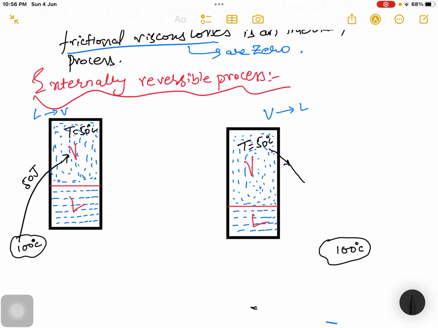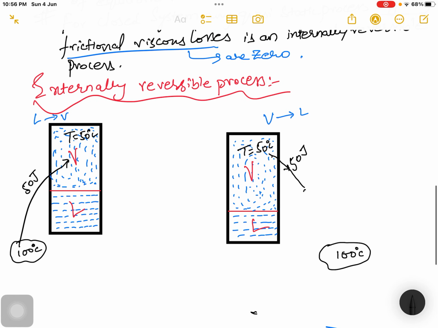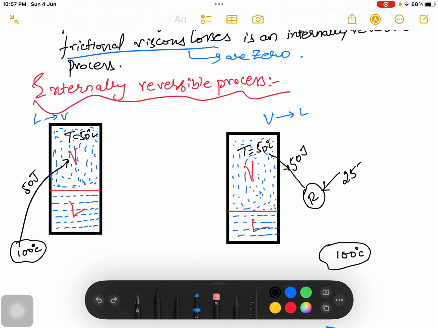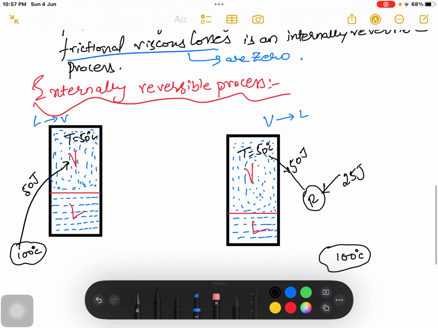To bring it back again to liquid, I am using 50 joules of energy and I am connecting a device called refrigerator which consumes a work of 25 joules of energy. A refrigerator consumes energy, right? It runs on electricity. That work is 25 joules.